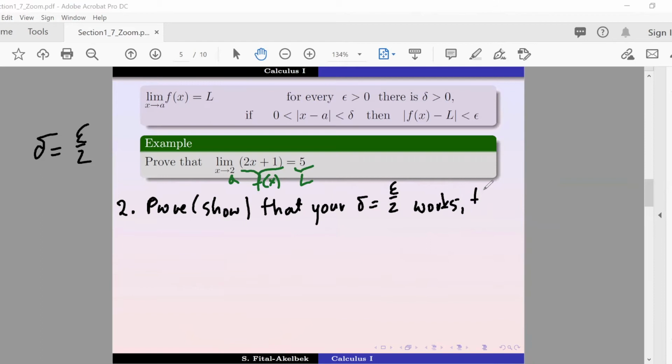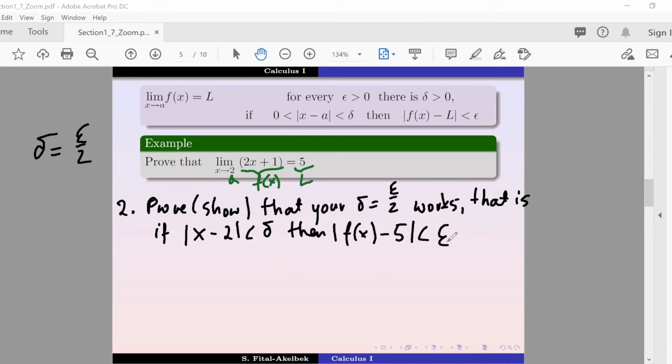That is, if absolute value x minus a, which is 2, is less than delta, then absolute value f of x minus 5 is less than epsilon.